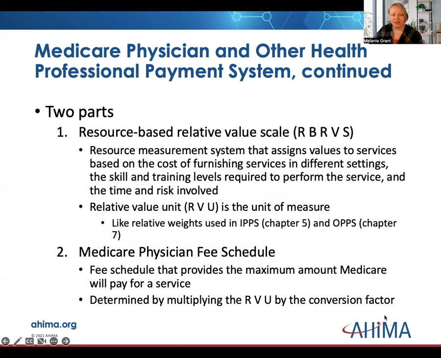Now, looking specifically at the outpatient for physician and other health professional payment systems, the first thing is to identify the two parts. The first part being the resource-based relative value scale. This is commonly called the relative value unit, or RVU, because this is what it uses to identify what the unit of measures are. Think of medical reimbursement in terms of each reimbursement item is worth 1 unit, and that unit is multiplied by a dollar amount.